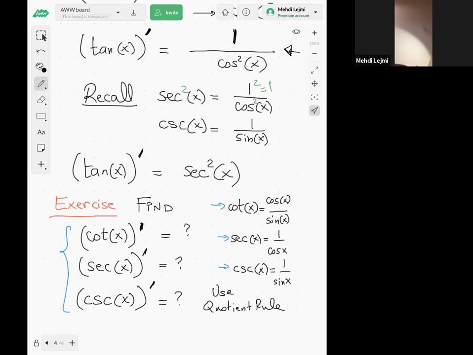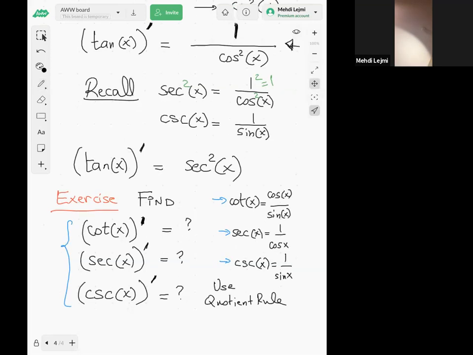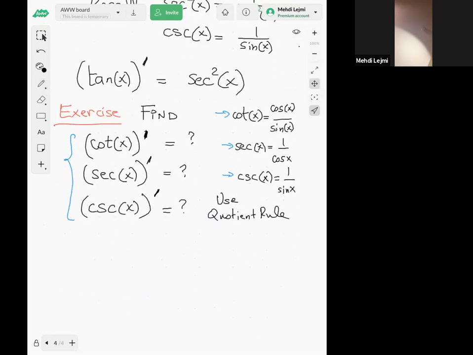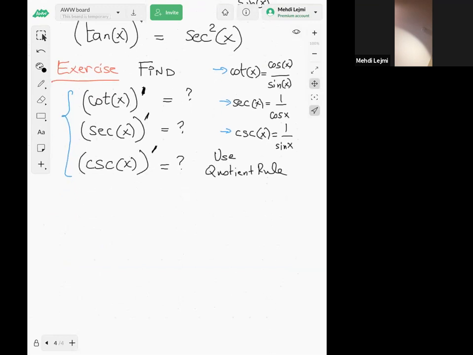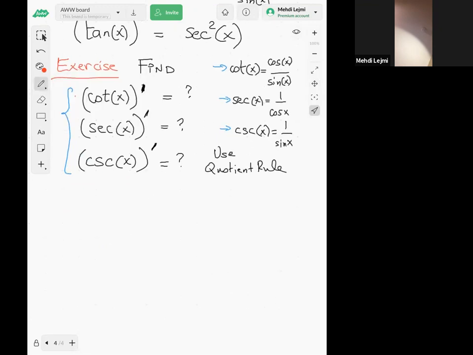Okay, anyway, guys, probably I should go over the exercise now. First, you want to find the derivative of cotangent, right? Cotangent of x, we said, is cosine over sine. That's the definition of cotangent of x.